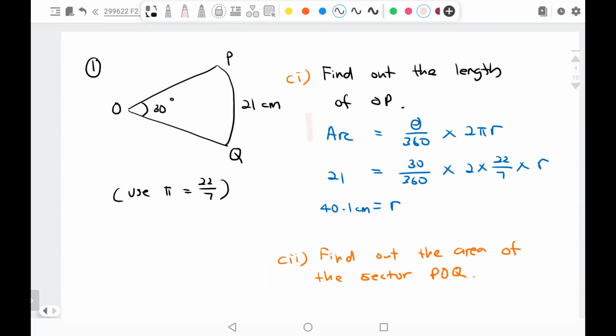This is the formula. So when you find out the area of the sector of POQ, use 40.1, not 11. It should be 40.1.